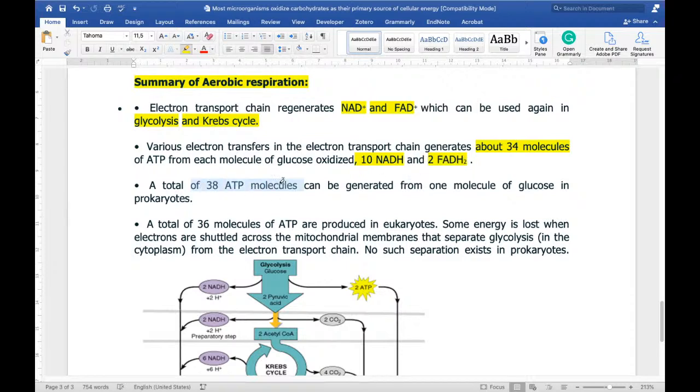A total of 38 molecules of ATP can be generated from 1 molecule of glucose in prokaryotes. You can see so much energy is being produced in prokaryotes. And a total of 36 molecules of ATP are produced in eukaryotes from 1 molecule of glucose, but some energy is lost during the electron transport shuffling.